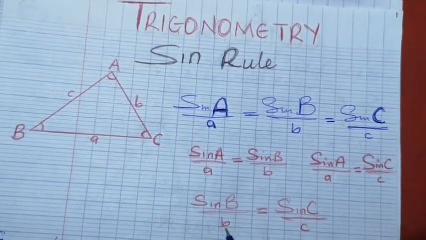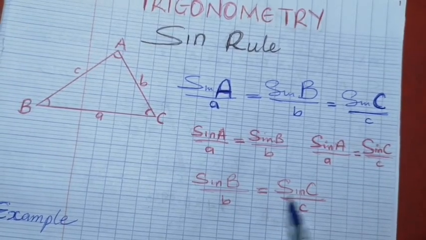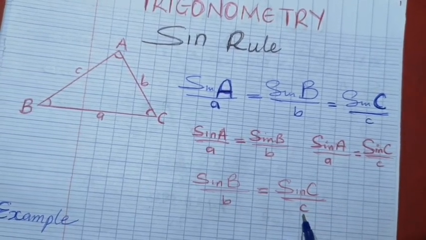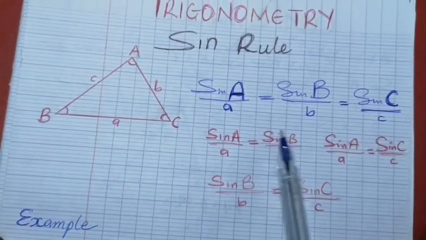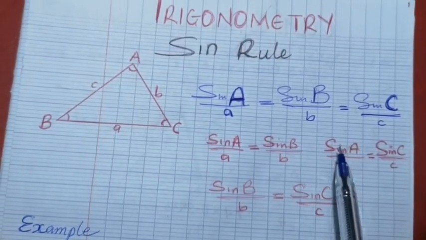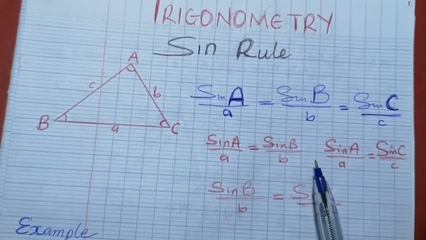Or you can even take sine B over b is equal to sine C over c. Okay, now this law or rule is normally used in a triangle that is not a right angled triangle.